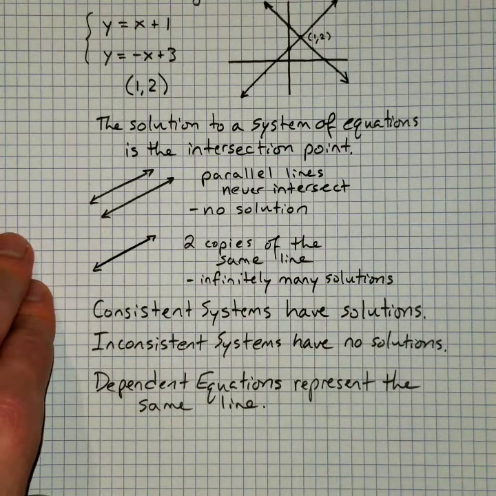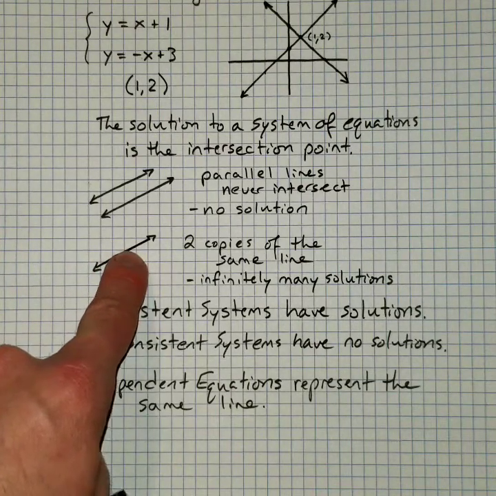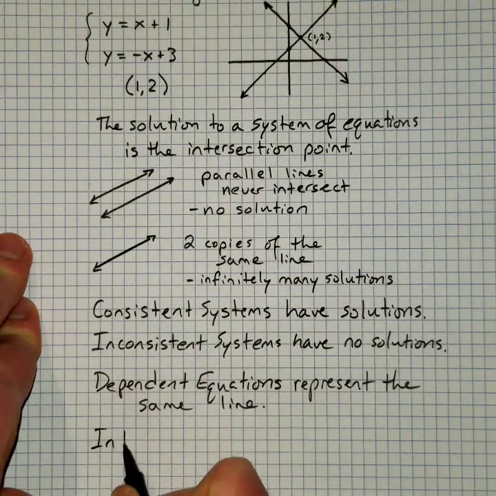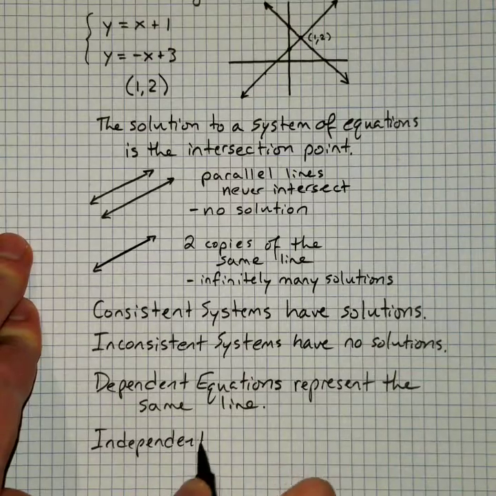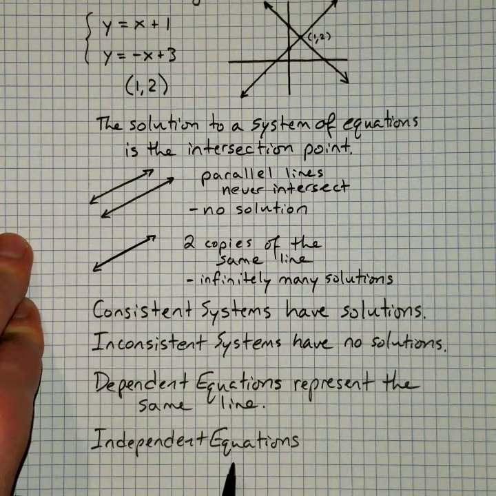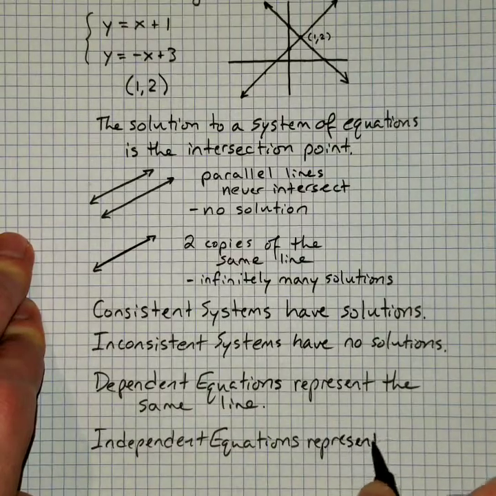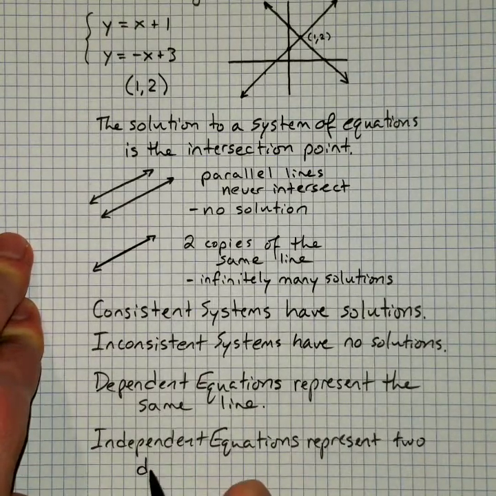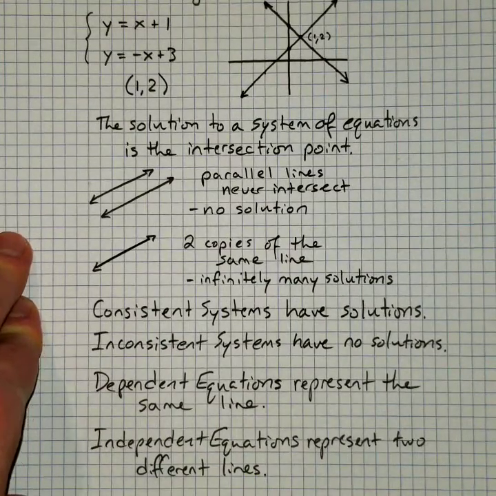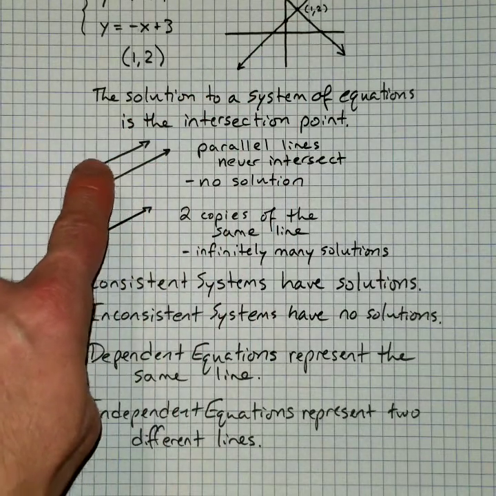That would be this scenario here. Then we have independent equations. And independent equations represent two different lines. That would be the case where you have one solution and the case where you have parallel lines.